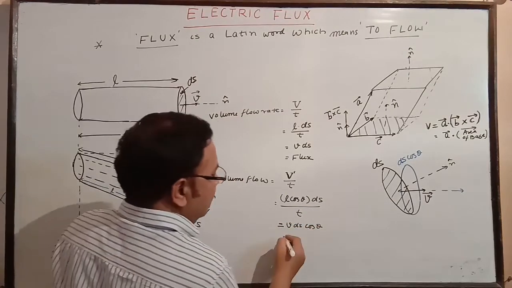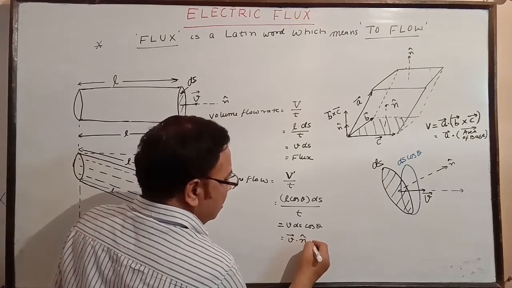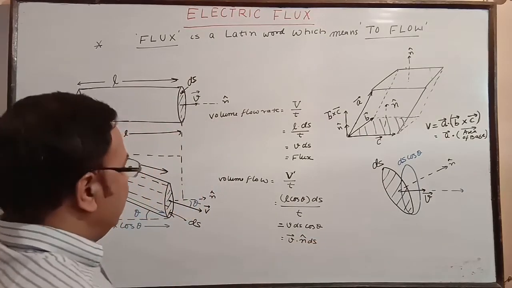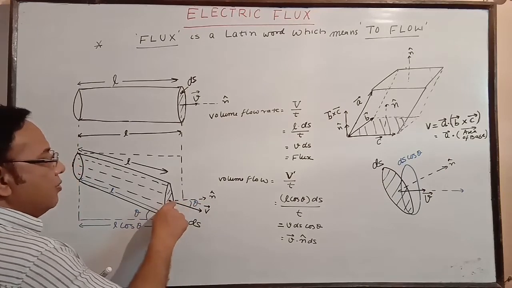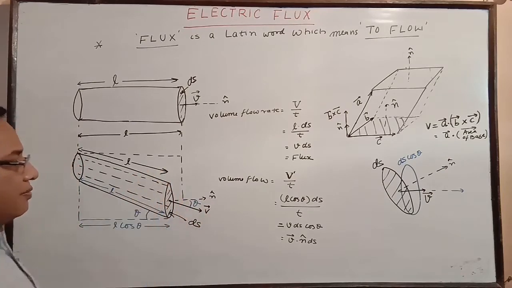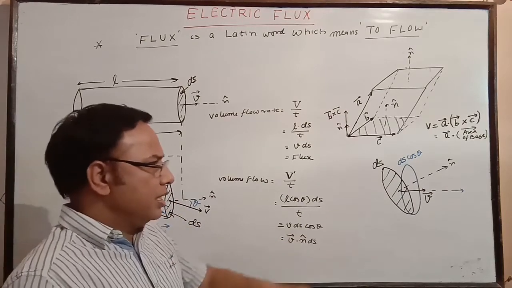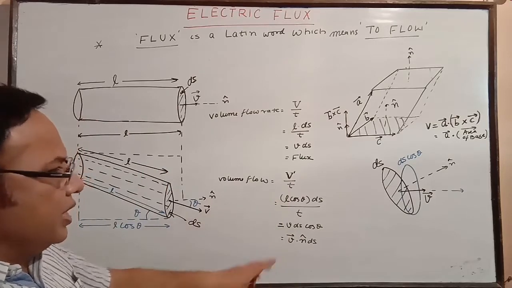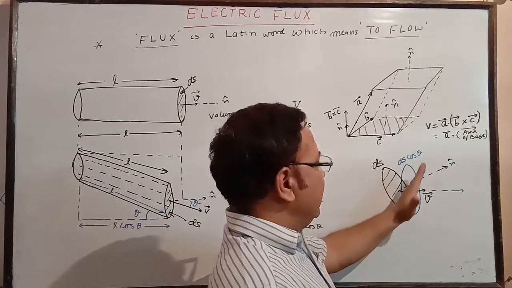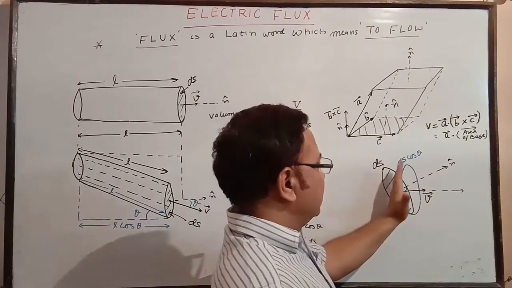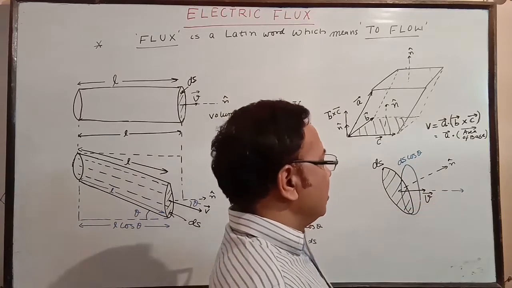This can also be written as v dot n ds. Here theta is the angle which the velocity makes with the vector normal to the surface. You can determine the same expression in another way, by taking the component or projection of area which is perpendicular to the velocity vector.